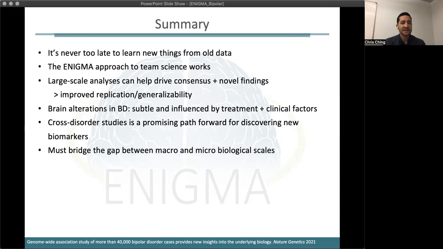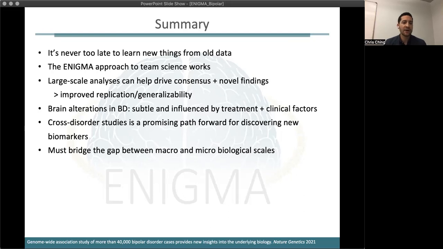Again, emphasizing that the brain alterations that we see in bipolar disorder are subtle. They appear to be influenced by many different complicated clinical factors, including treatment, that we continue to try to model in more complex ways. We're also thinking that these cross-disorder studies that I shared with you are a real promising path forward for potentially discovering new biomarkers for psychiatric illness.